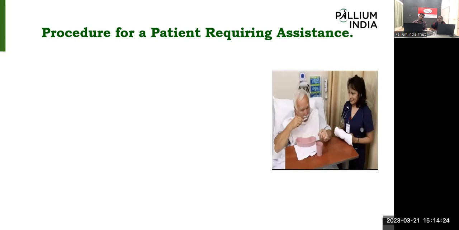So at that time the patient needs assistance. Before they go back home, you have to empower the patient and the caregivers, because when they go back to their home, the caregiver will take care of everything, and the patient will not do anything for themselves because muscle wasting will be there. If they are able to do it, you have to encourage the patient to do it on their own. You have to assemble all the articles nearby and empower them properly.